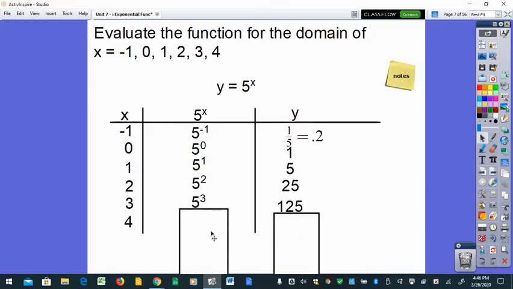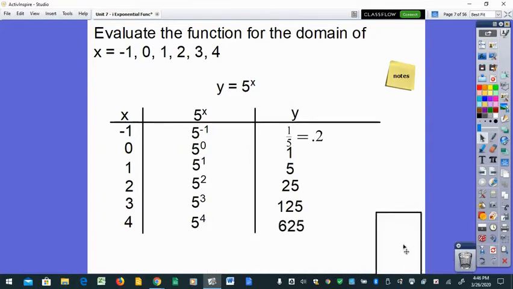And here's where you're going to see it start taking off. 5 to the fourth would be 625. And if I wanted to graph this exponential, I now have coordinates where -1, 0.2, 0, 1, 1, 5, 2, 25, and so forth. And I could graph that exponential.